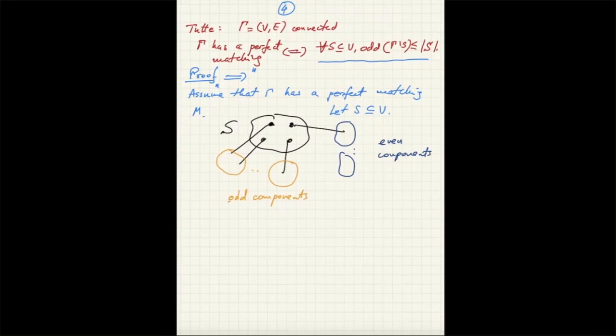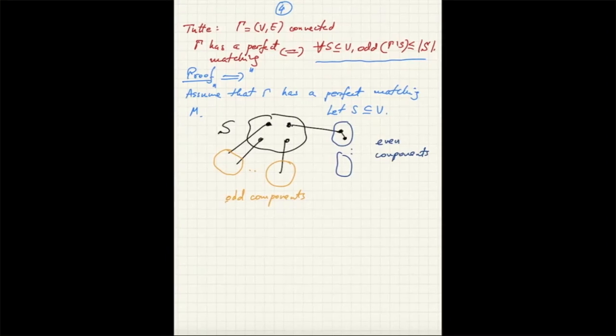So again, even means that I have at least two vertices, or two or four, and so on. And odd can have something like this, and so on.